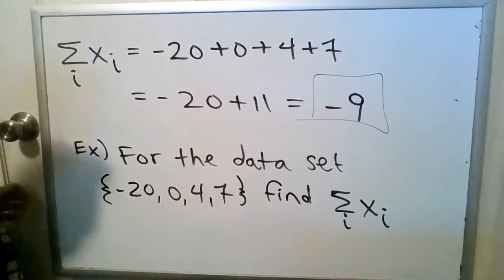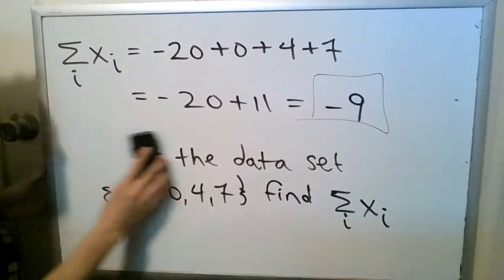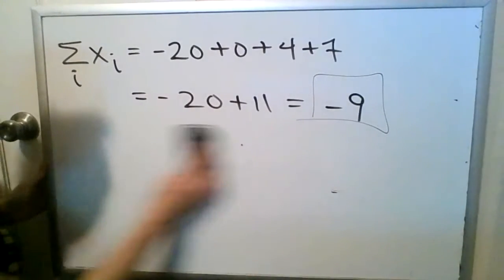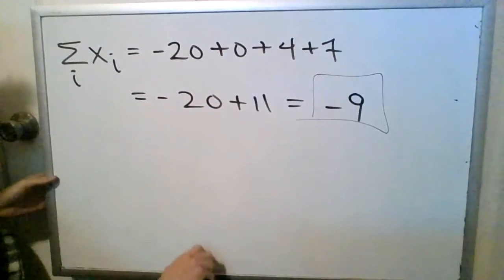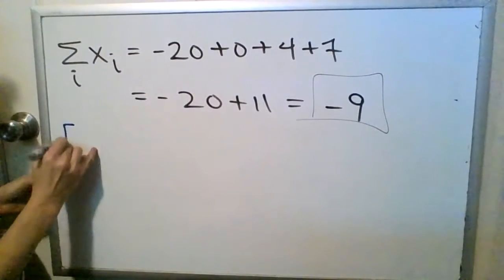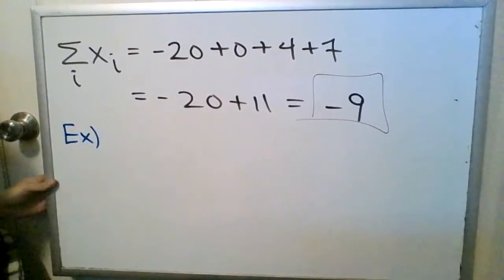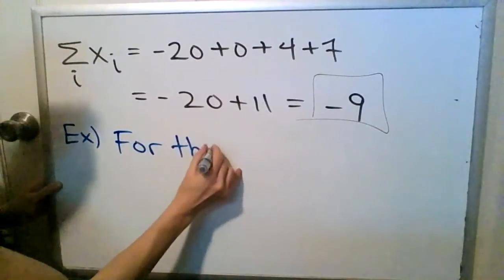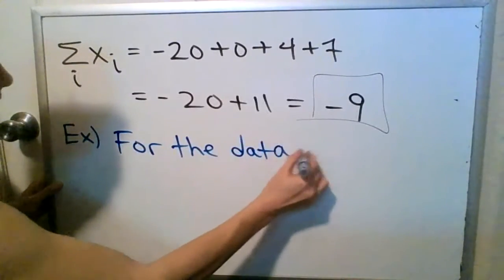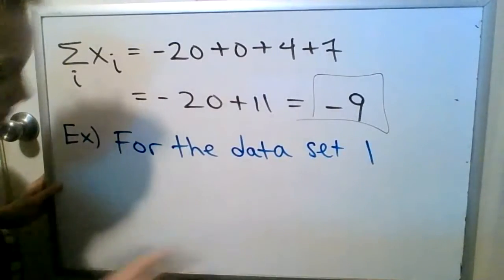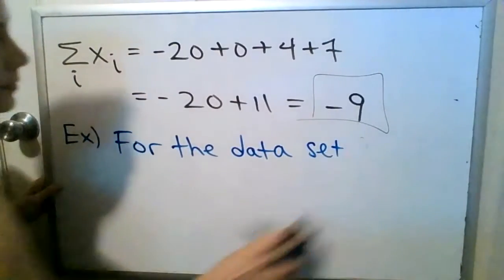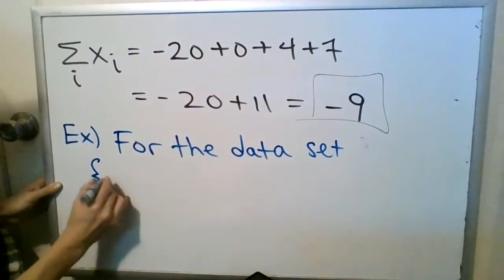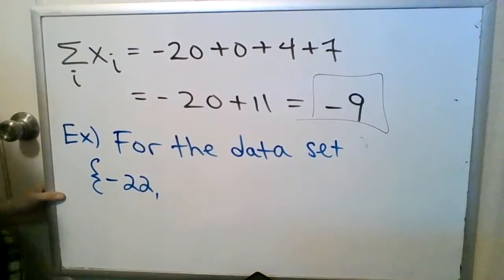Okay, one more. For the data set that contains -22, -10, -4, and 2.